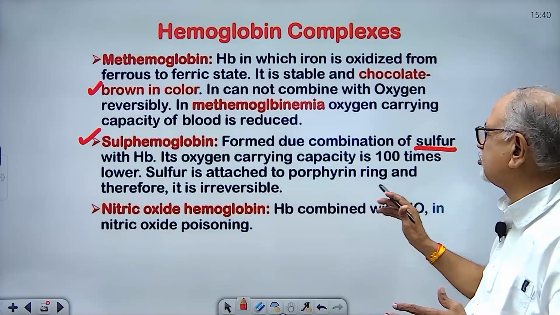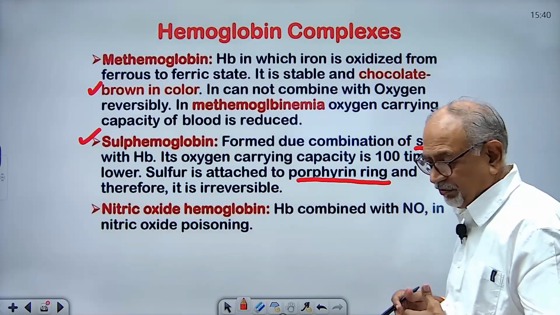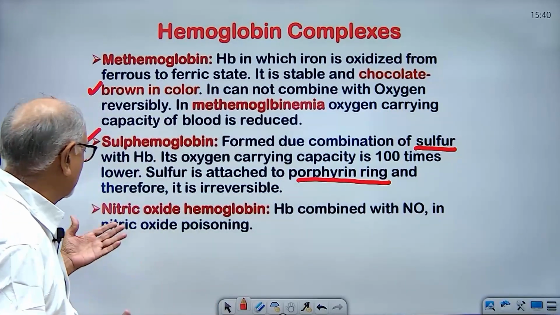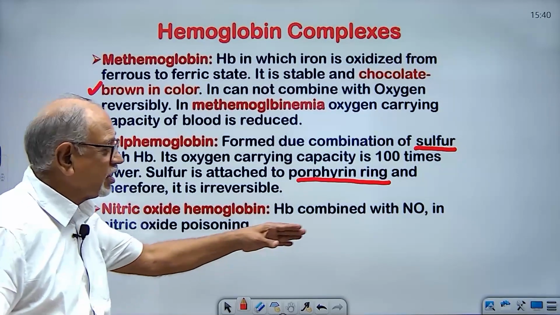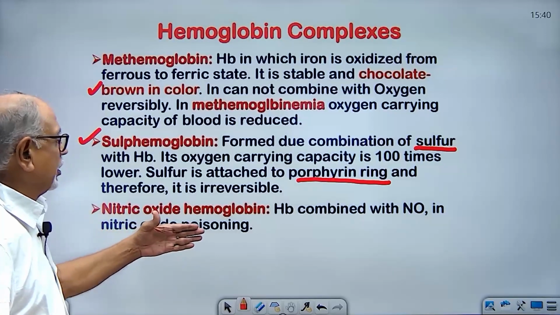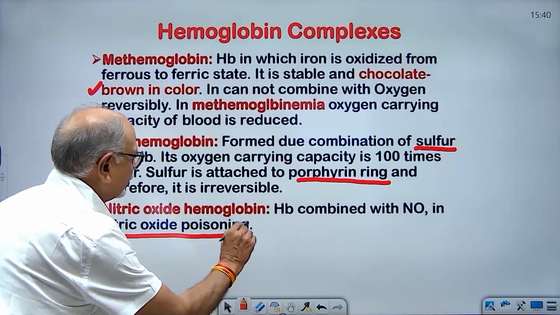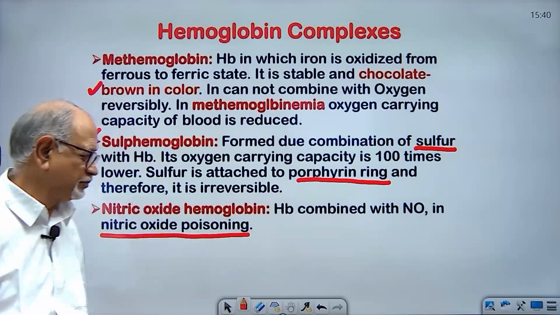Sulfur is attached to the porphyrin ring and therefore it is an irreversible reaction. Another is nitric oxide hemoglobin. Hb combines with nitric oxide. This is called nitric oxide poisoning. This is also an irreversible reaction.